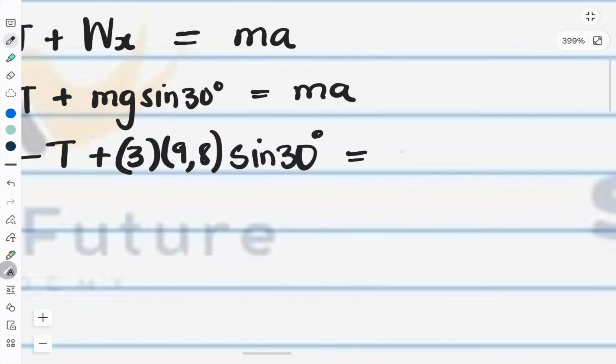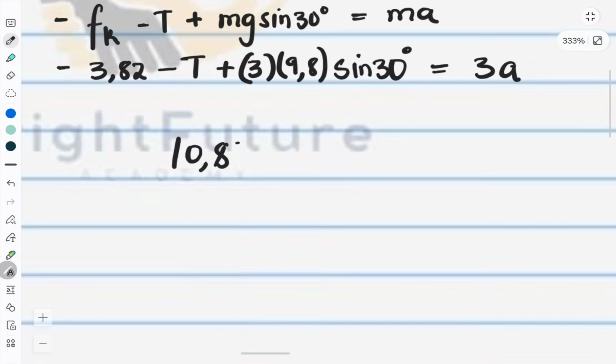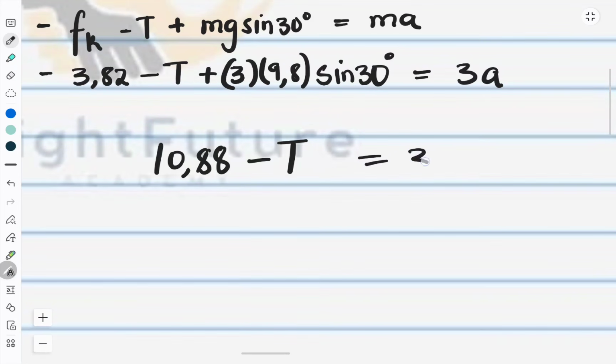It equals 3A. So here we can also simplify this: minus 3.82 plus 3 times 9.8 sine 30. I get 10.88 minus T equals 3A.